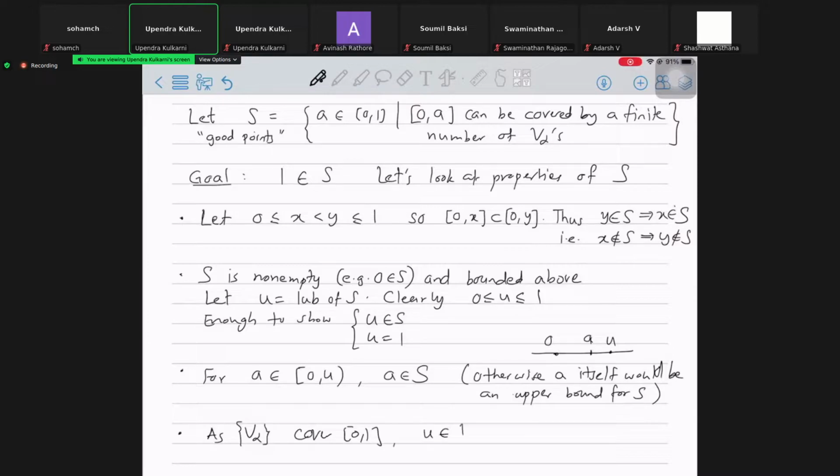U is going to be in some V beta, for some beta. And remember, V beta is open and U is in that. So I have some U minus epsilon to U plus epsilon that is a subset of V beta.